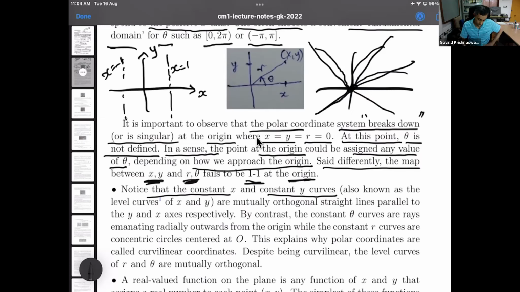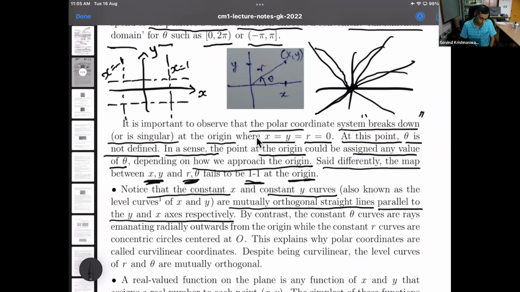And the constant y curves are horizontal lines. I mean, they're lines, of course, just call them curves here. They are mutually orthogonal straight lines parallel to the y and x axes respectively. The curves of constant x and constant y are mutually orthogonal curves.